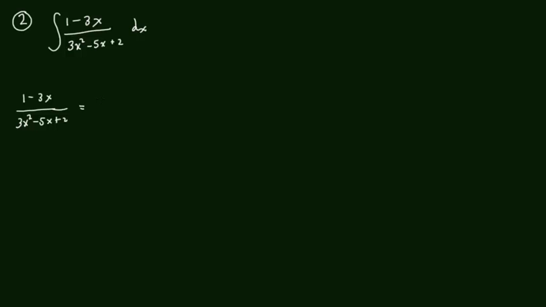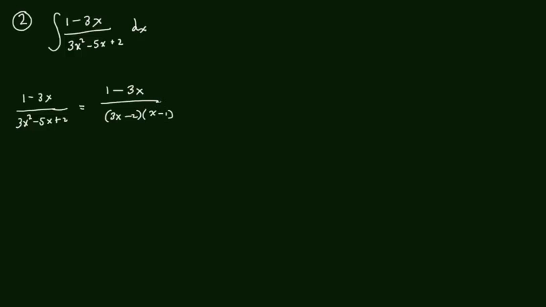That's 1 minus 3x in the numerator and 3x squared minus 5x plus 2 in the denominator. Alright, you may want to press pause, give it a try, and then follow along. First step, we need to factor the denominator. And that's going to factor to be the quantity 3x minus 2 times the quantity x minus 1.